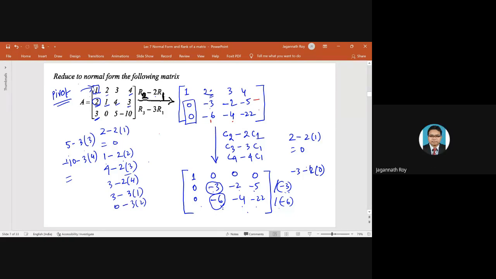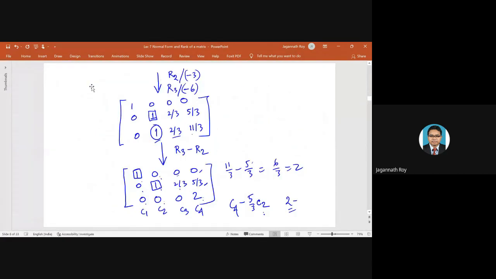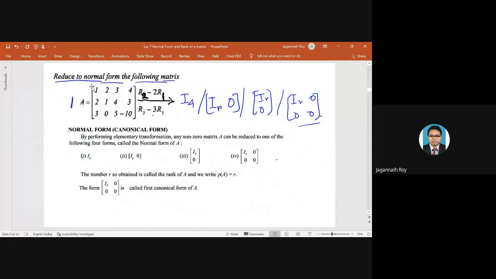In this way we will proceed, one by one. First row operation, then corresponding column operation. So in this case, we have this one, and this is our correct answer.